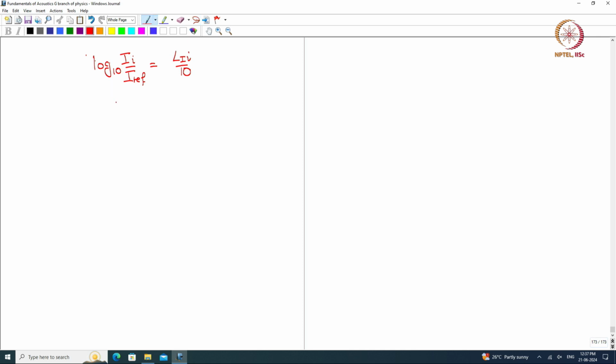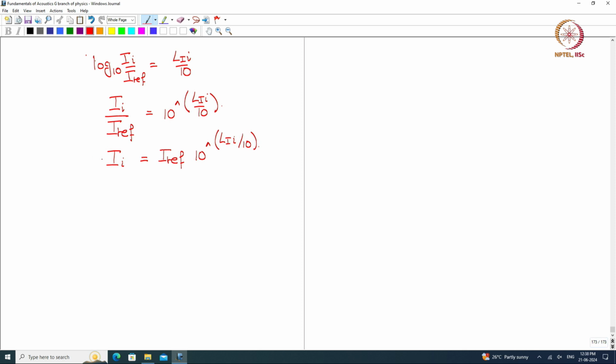To convert this to linear units, the linear intensity of the ith grid by I reference, which is 10 to the power minus 12 watts per meter square, is 10 to the power LI at the ith location by 10. Then the intensity at the ith location in watts per meter square is I reference into 10 to the power LI i by 10.